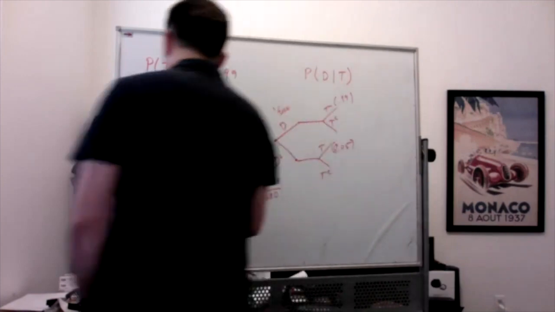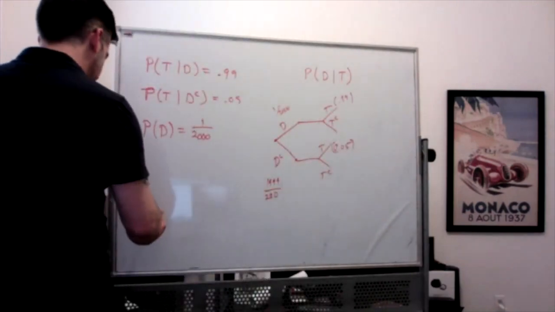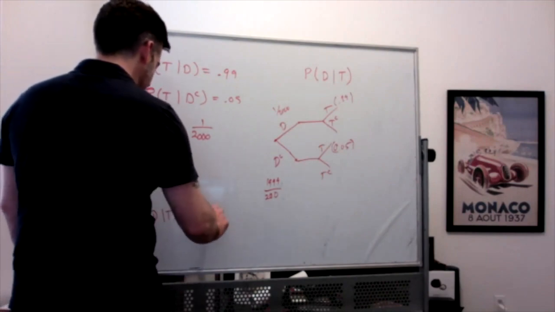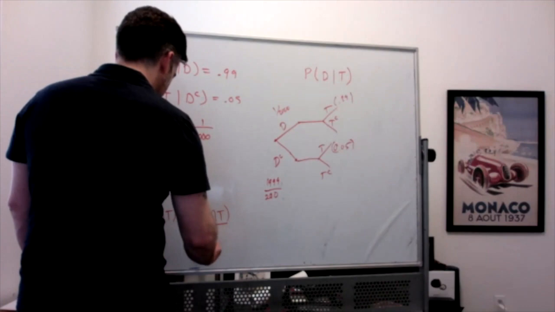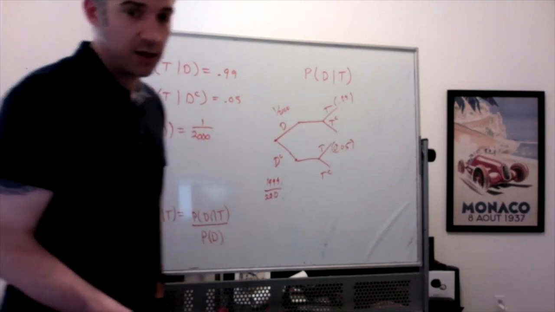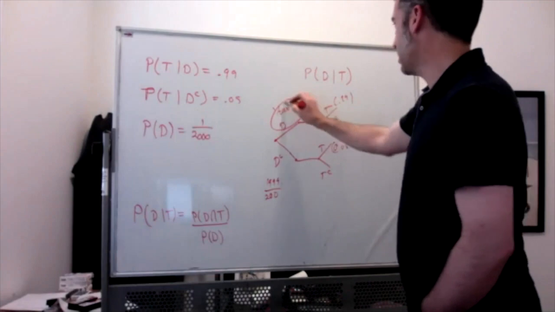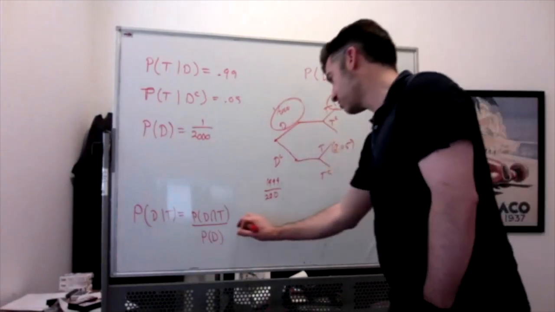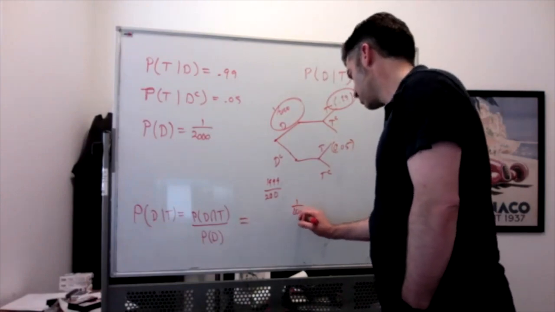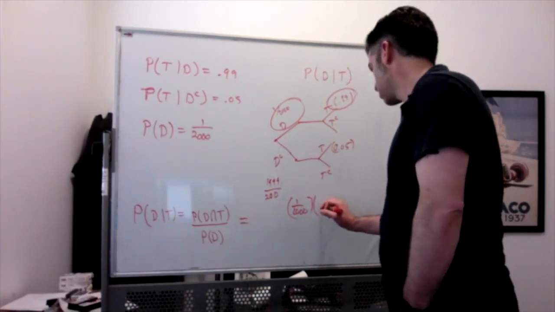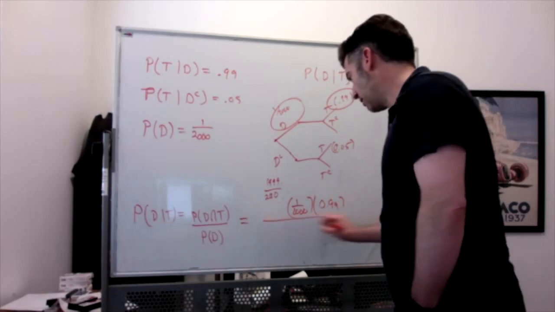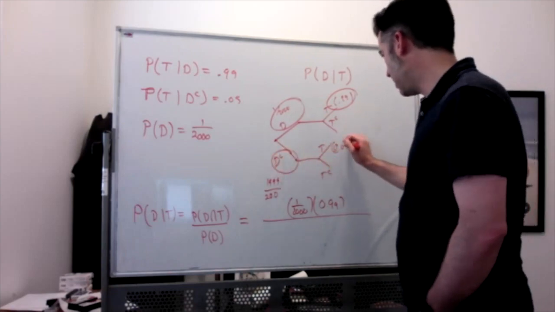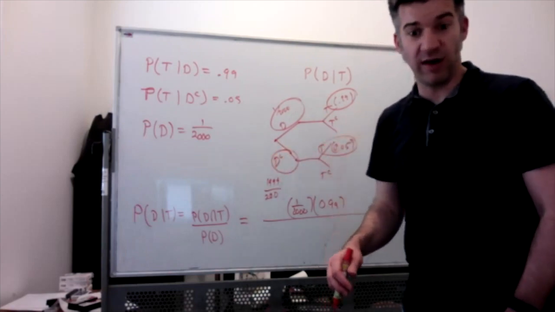And then, right, the probability of having the disease given a positive test is the probability of having the disease and a positive test divided by the probability of a positive test. This times this is the probability of having the disease and a positive test. And then this and this, or this and this, is the probability of having a positive test, right?